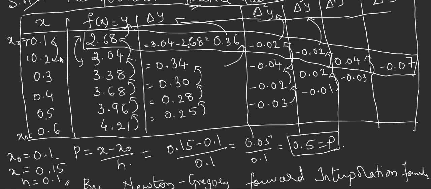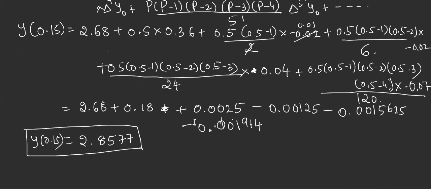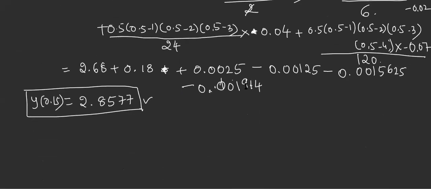You are getting something like 2.855, so it lies between these two. So 2.8577 is roughly correct. Did you understand how to take it for forward? Last time backward was completed. Now take another example.